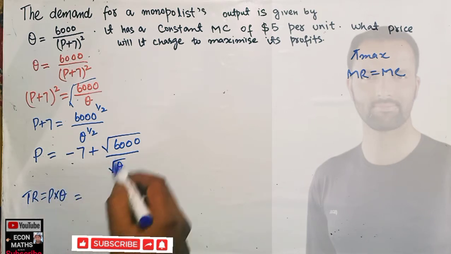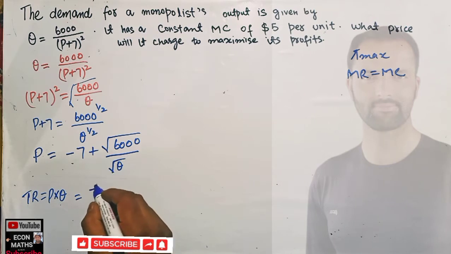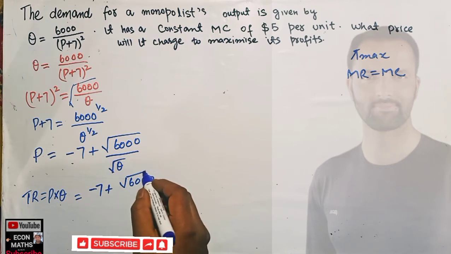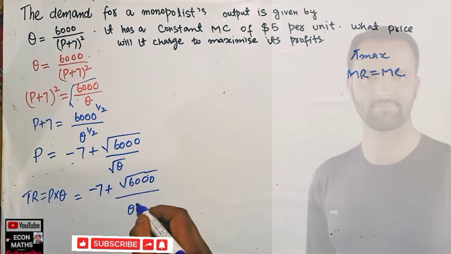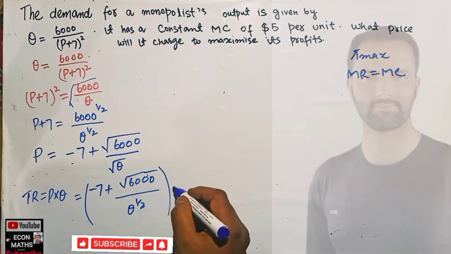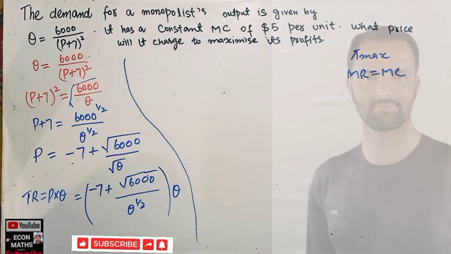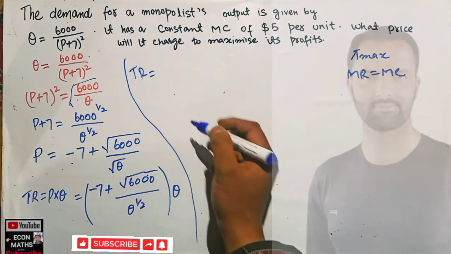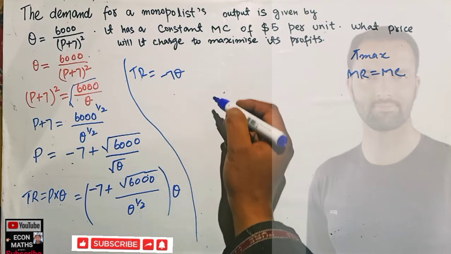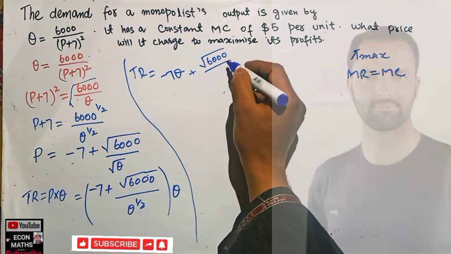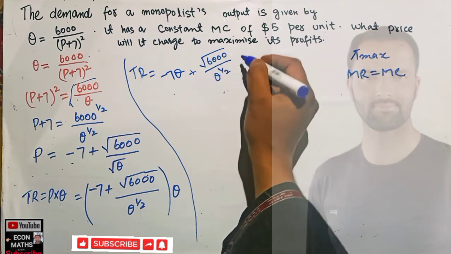That means to this function we have to multiply Q. That means minus 7 plus square root of 6000 divided by Q to the power 1 upon 2, multiplied by Q. Multiplying Q to each of these terms, total revenue will be equal to minus 7Q plus square root of 6000 divided by Q to the power 1 upon 2, into Q.